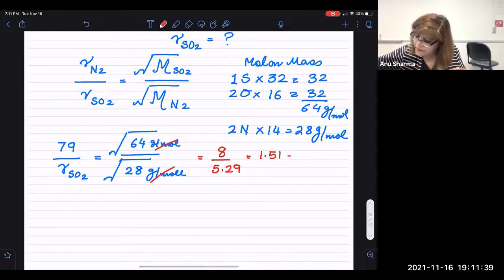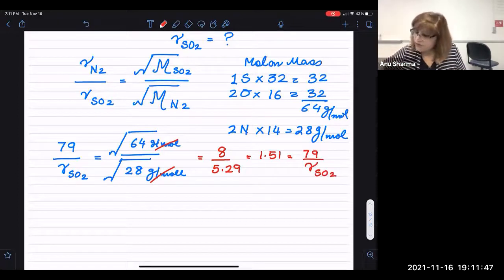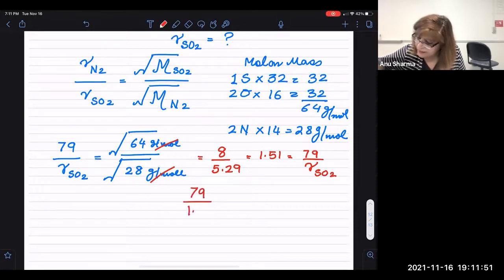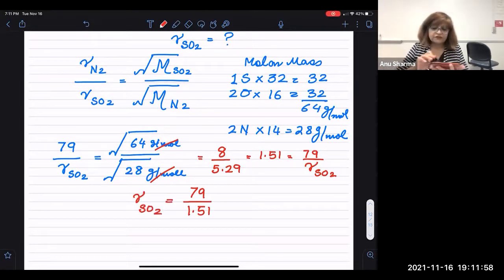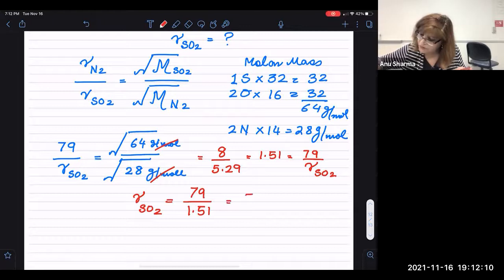And this 1.51 is equal to 79 over our SO2 rate. So next is just 79 divided by 1.51, and that is the rate of SO2, just my algebraic conversions. 79 divided by 1.51 gives you 52.31.